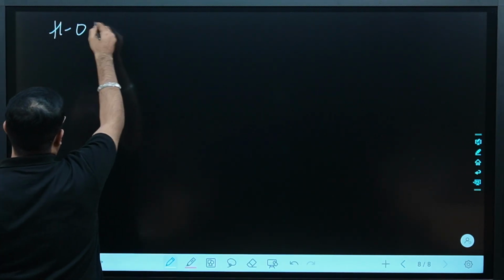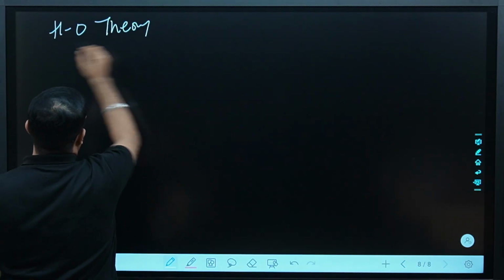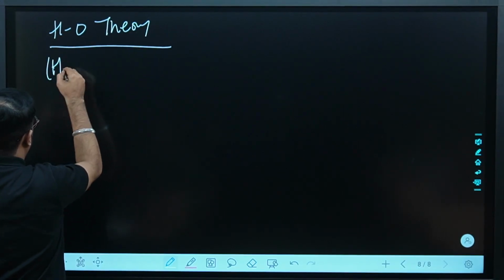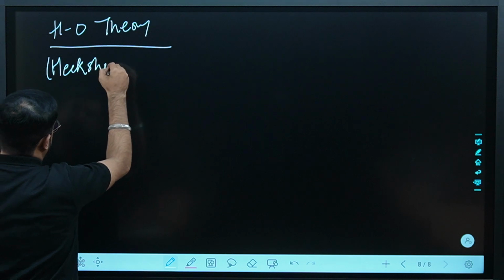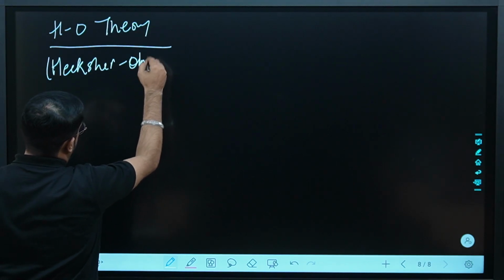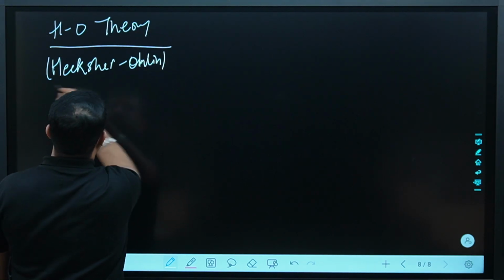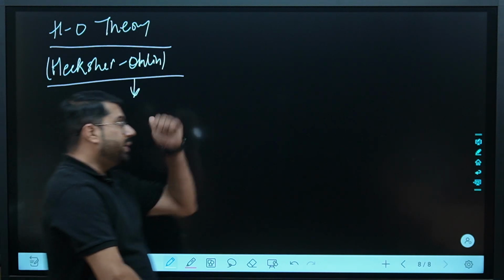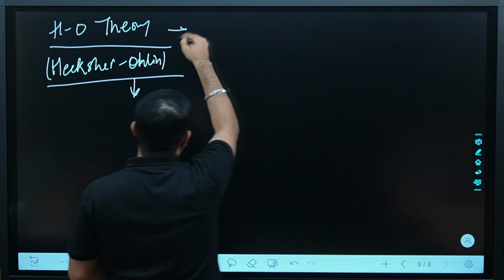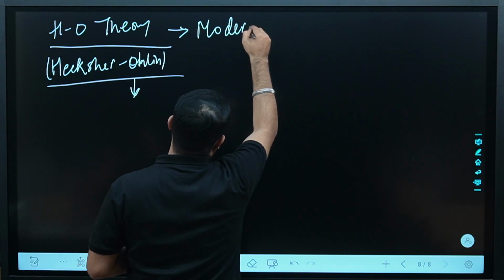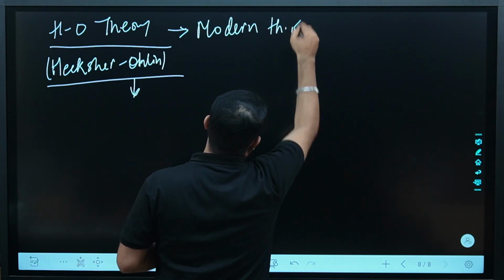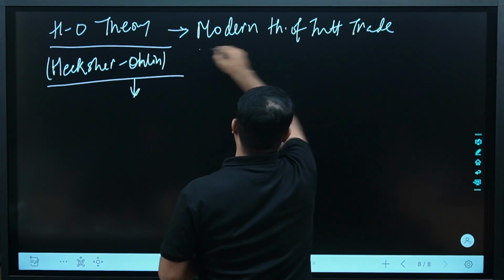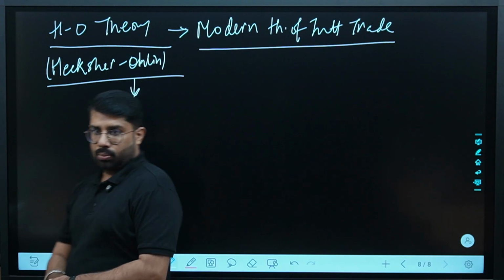HO theory, Heckscher-Ohlin theory. What they said, first of all, let me tell you, this is the modern theory of trade. Modern theory of international trade. This is something we follow now.